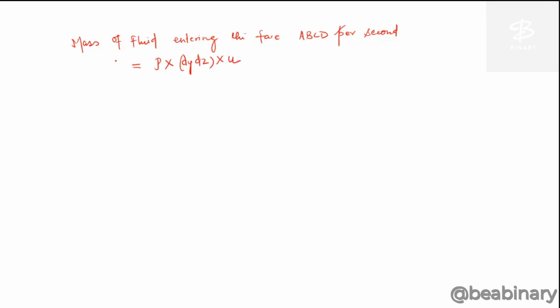So this is the mass of fluid entering face A, B, C, D.